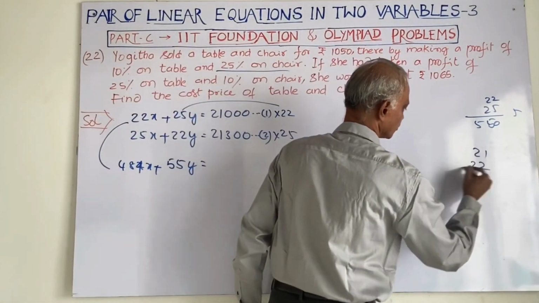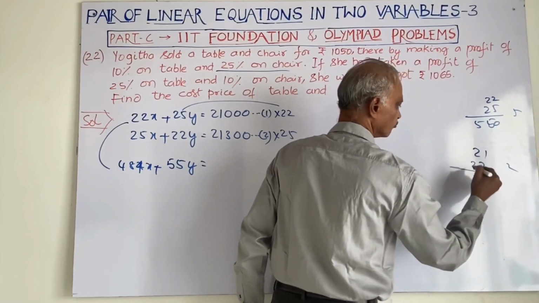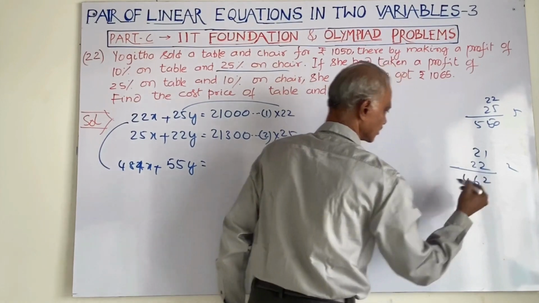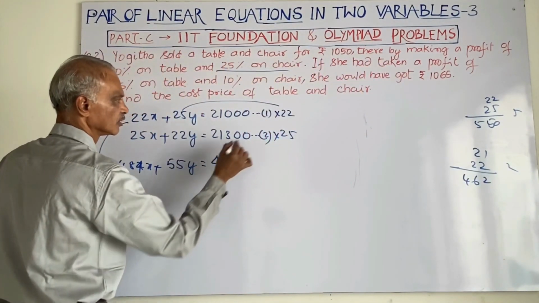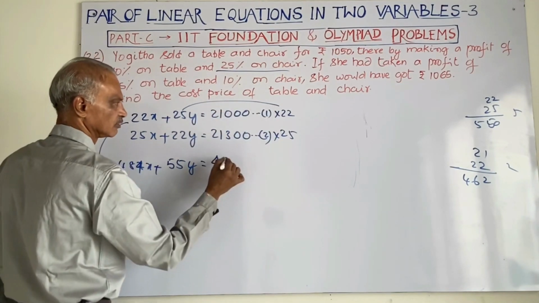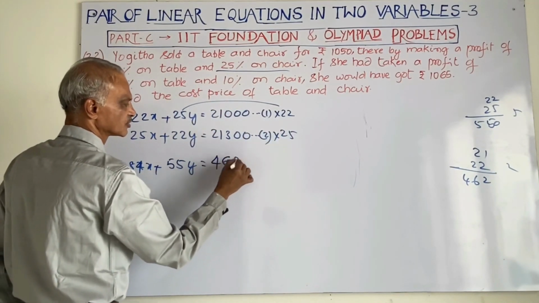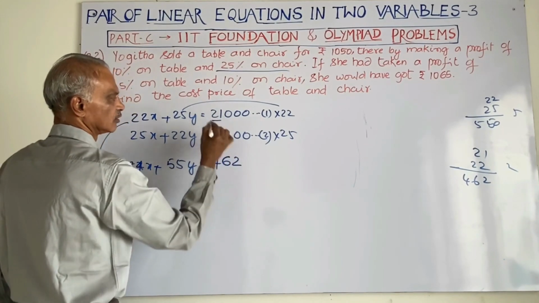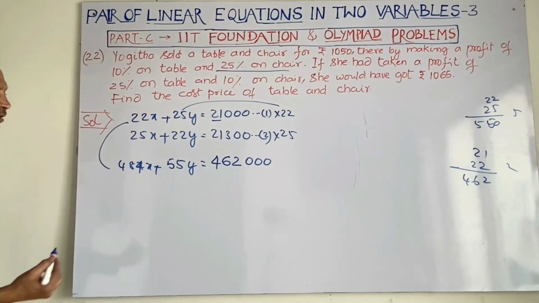21 into 22. 22 ones are 22, 44, 46, 460. Means if you multiply this with 22 into 21,000, you will get 462,000.